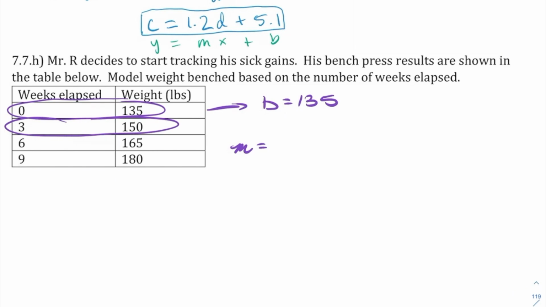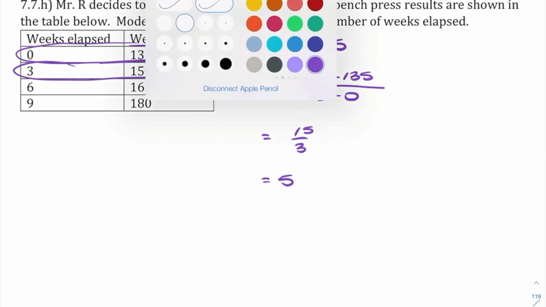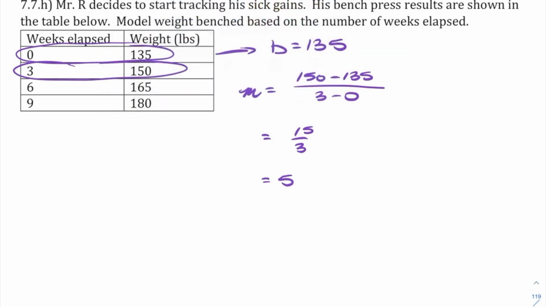This is 1 point. This is another point. And we can use those. So it seems like on average, he's increasing the weight by 5 pounds every week. Totes realistic. Let's go.